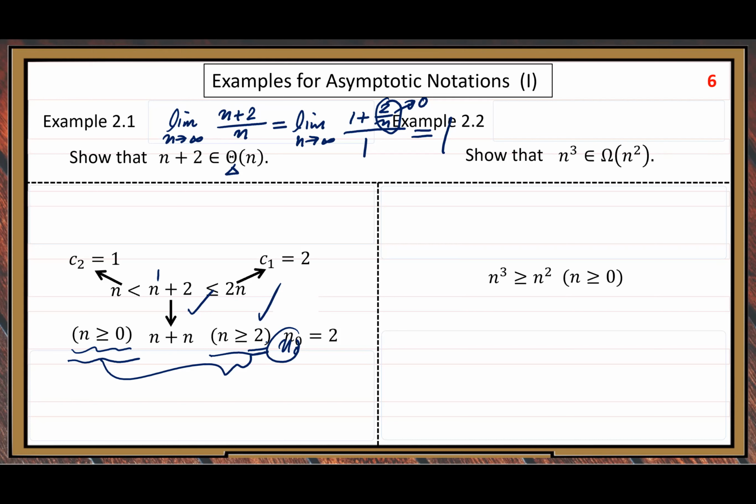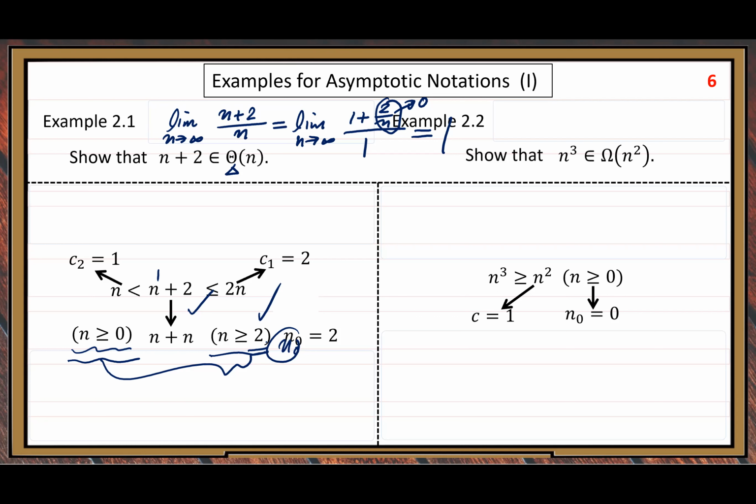So simple. Constant C equals 1, n0 equals 0. That's it, lower bound, by definition.